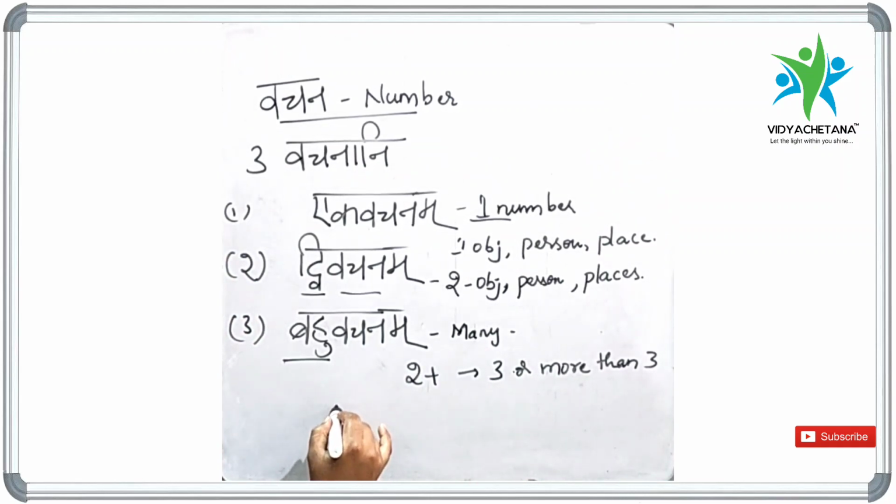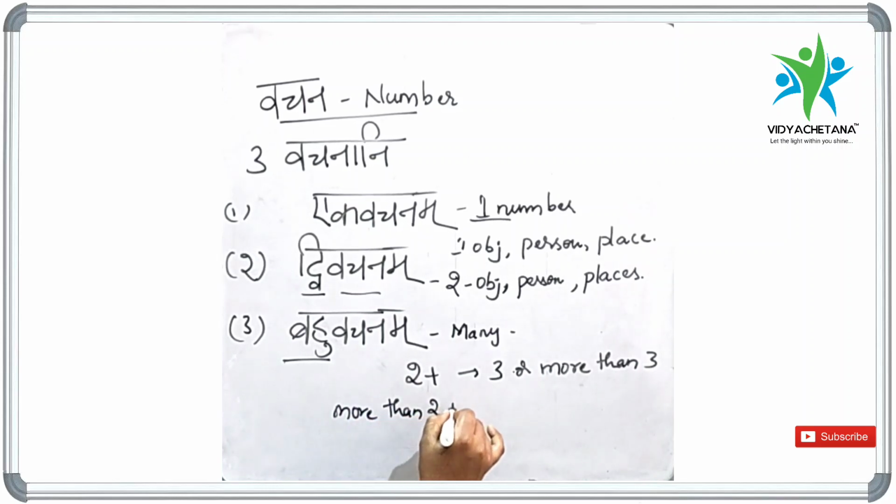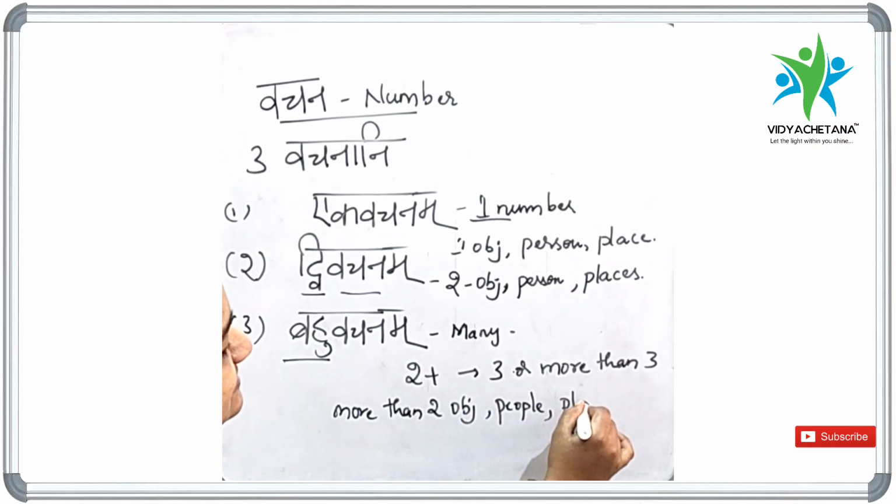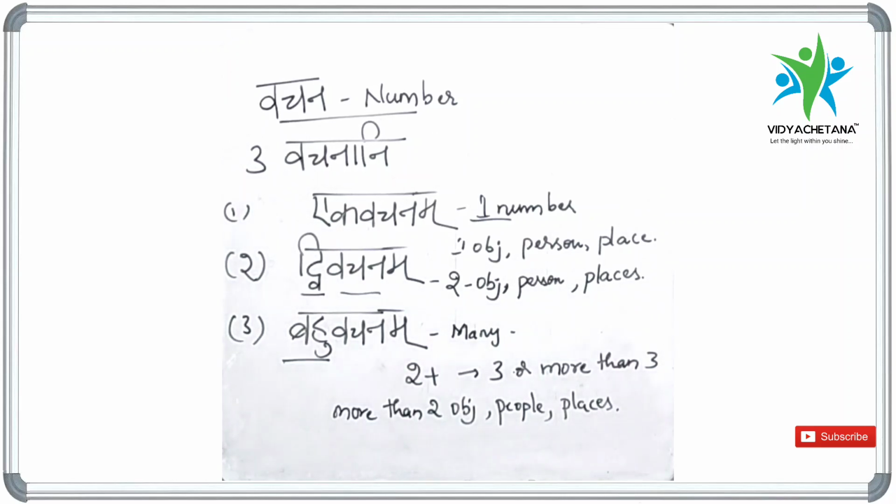So it is more than two objects, more than two people and more than two places. All these come in Bahuvachana. So this is how there are three Vachanani in Sanskrit.